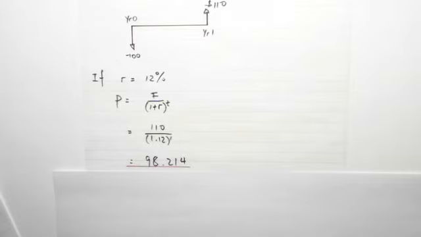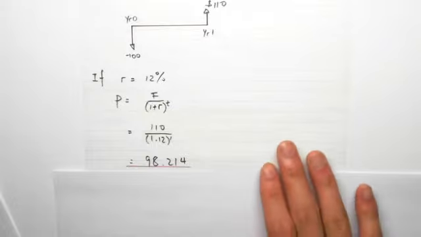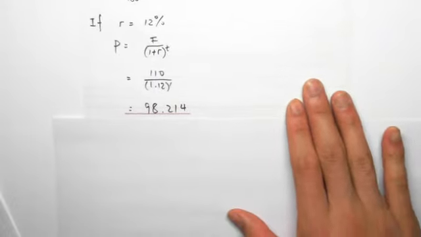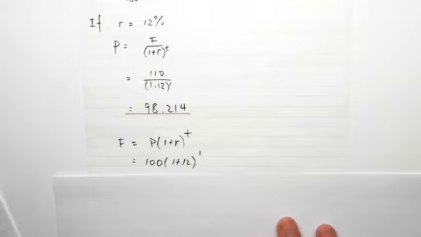Okay, so let's do this same example using the future value formula, and we see whether we'll get the same conclusion or a different conclusion. Okay, so here we're taking a different approach, saying how much will the $100 that we give out at this moment be worth in a year's time, and whether the $110 that we get will be worth it or not.